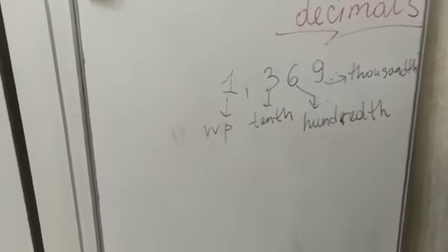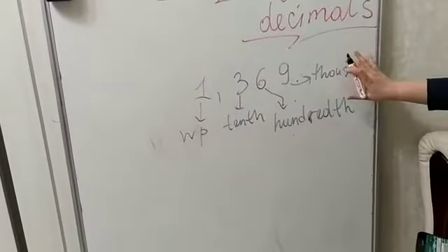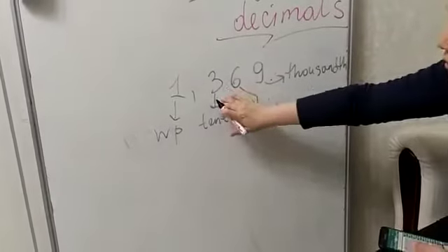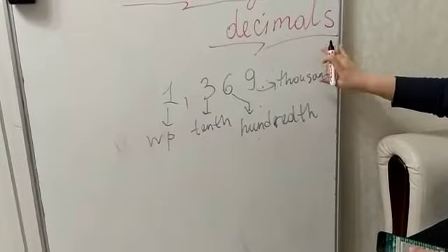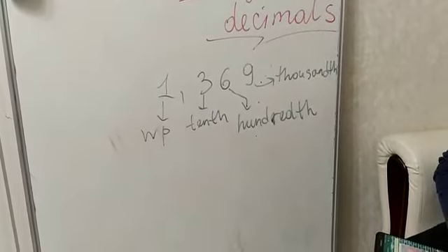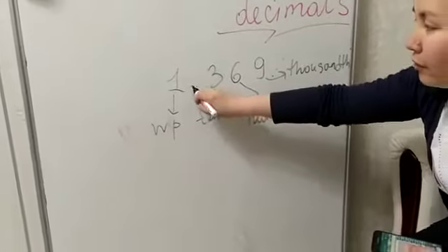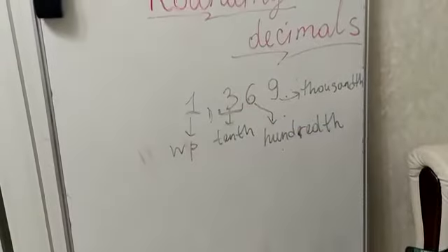Today we will learn how to round decimal parts, like to the nearest tenth, hundredth, thousandth, ten-thousandth and so on. If after the point we have only one number, it means we have just a tenths part.